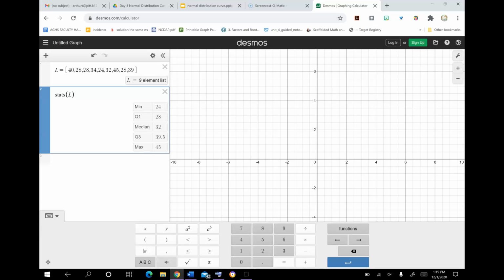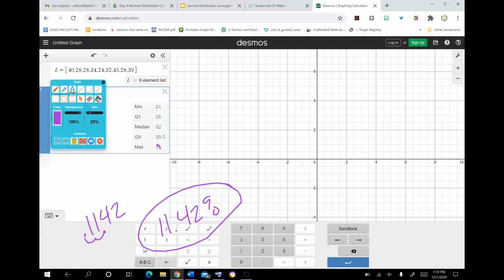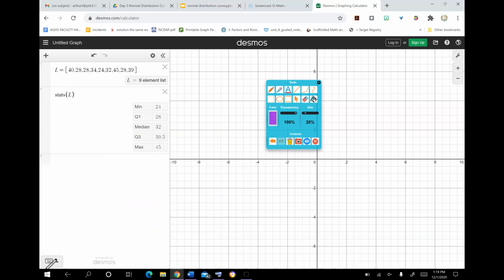Okay, so our min is 24, our max is 45. So one of the questions was, what is the range? To find the range, you have to take high number minus low number. So max minus min. So range is max minus min, okay?